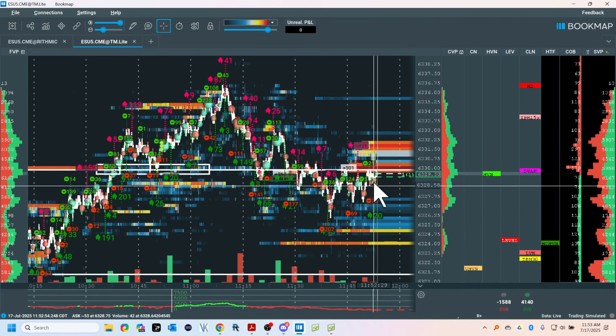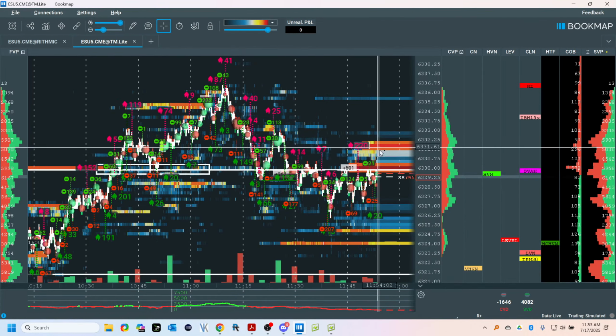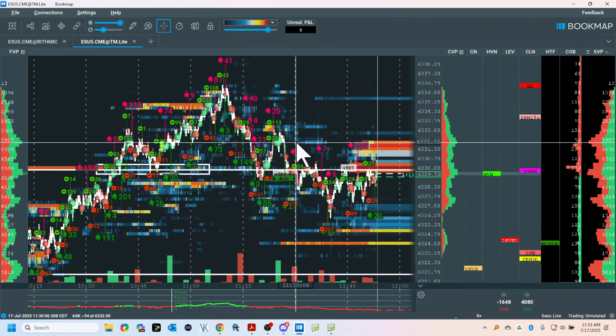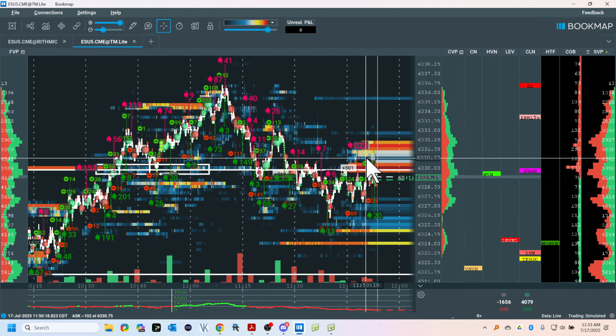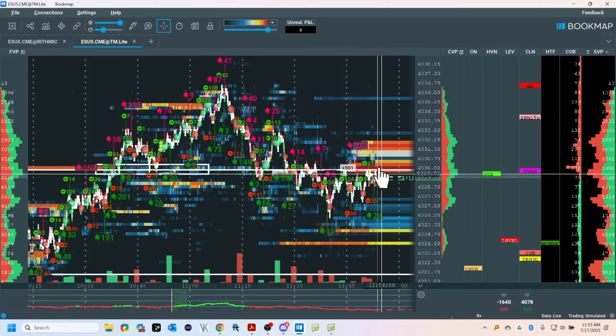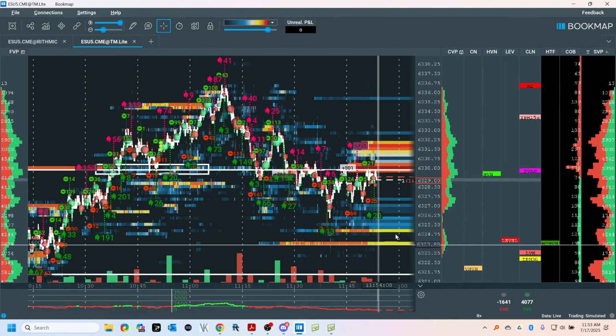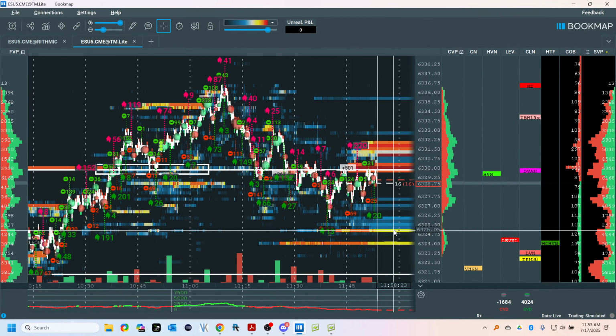Do you understand that if we get through here or they pull, then we can come back there? That's high volume in fractals. And if I can't get through here, then these buyers are going to say, I'll catch you later, I'm going to lunch. And then we go the other way. It's not more complicated than that. But it is random. So, you see what I'm saying?